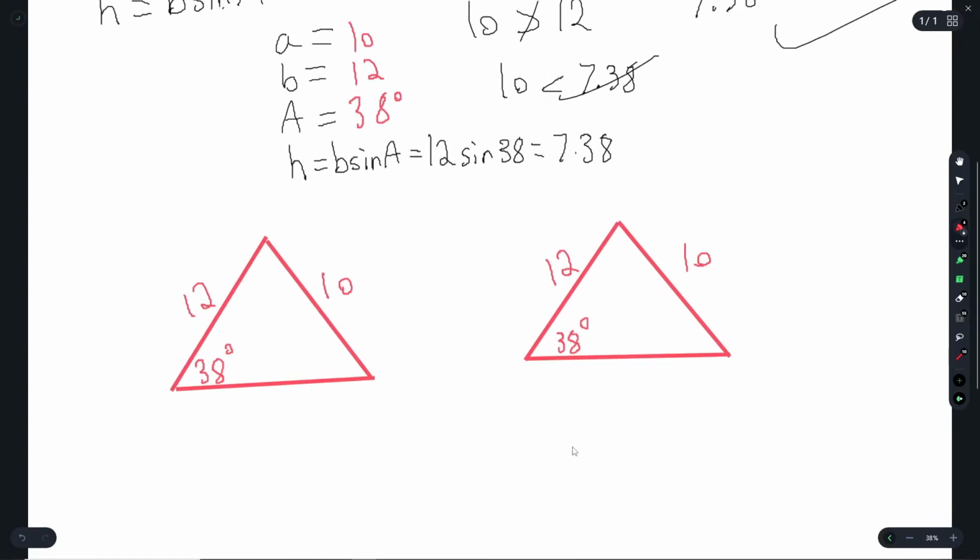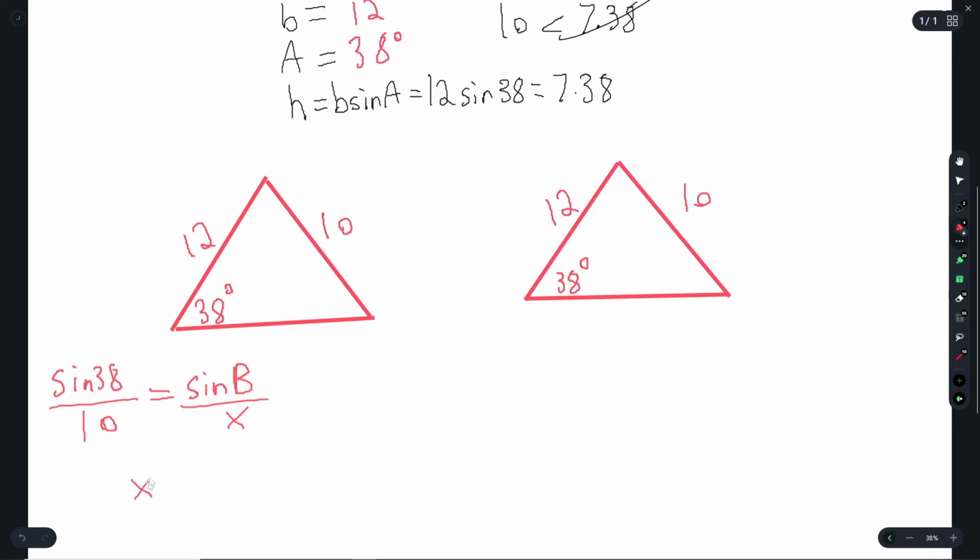So the first thing to do is to find angle b on the first triangle. So we can use the sine law again. So sine 38 over the side opposite to it, 10, equal to sine of angle b over 12.